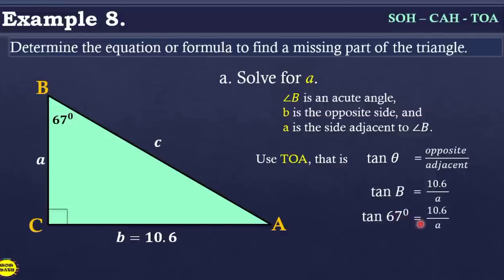Is equal to 10.6 over A. By cross multiplication, we have A times tangent 67 degrees is equal to 10.6. So, para makuha natin si A, kasi meron pa siya dito, divide both sides by tangent 67 degrees. So, we have 10.6 over tangent 67 degrees.